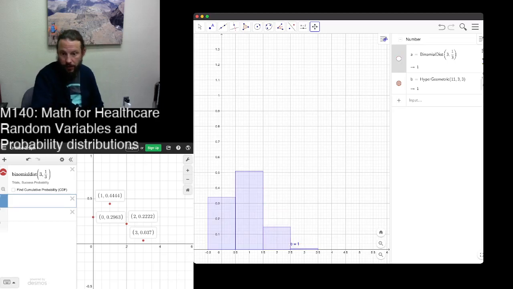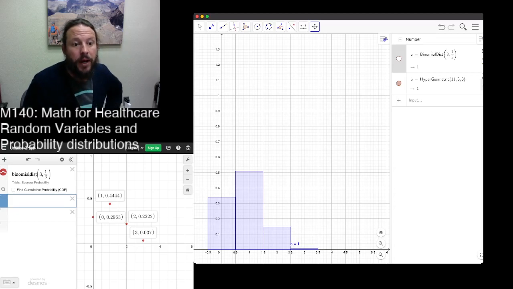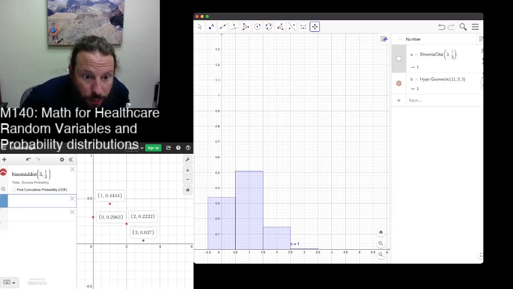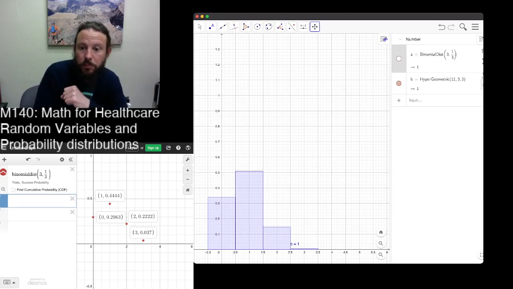This is giving us basically our probability distribution. Probability of getting 0 bad ones looks like about 0.35 or so. Probability of getting 1 bad monitor when you're selecting 3 is like 0.51. 2 looks like about 0.15 or 0.14. And 3 looks pretty small, almost 0.